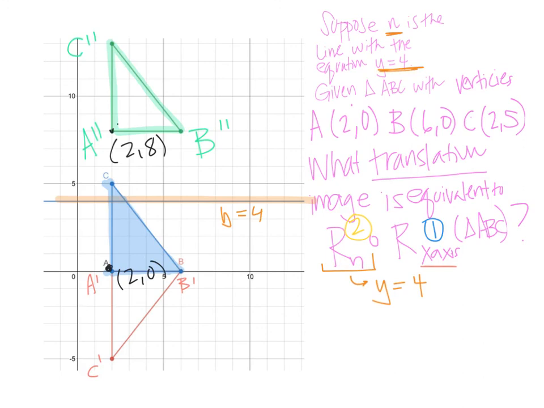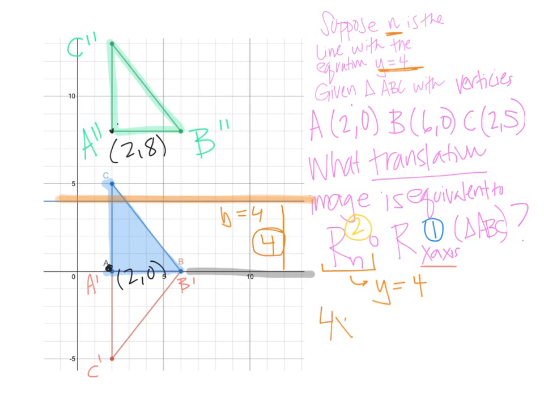So what does that mean? Well, let's look at the distance between the 2 lines of reflection. Here's my x-axis. This is my first line of reflection. Here's my second line of reflection, y equals 4. The distance between those 2 lines is 4 units, right? 1, 2, 3, 4. To find the translation, we double the distance.